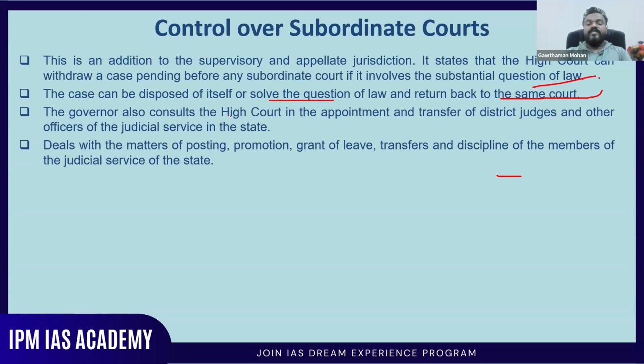The governor also consults the High Court in the appointment and transfer of district judges and other officers of the judicial service in the state. It deals with matters of posting, promotion, grant of leave, transfers and discipline of the members of the judicial service of the state. So these are all controls or functions over the subordinate courts in the country.